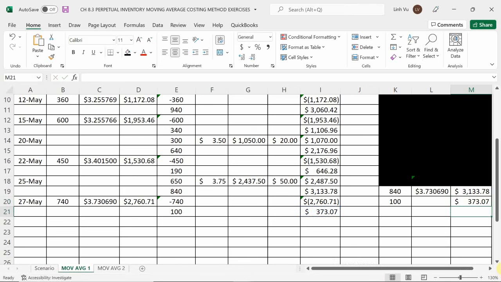Let me bring that down actually. My average cost per item is going to be 3.7307, and it stops there.